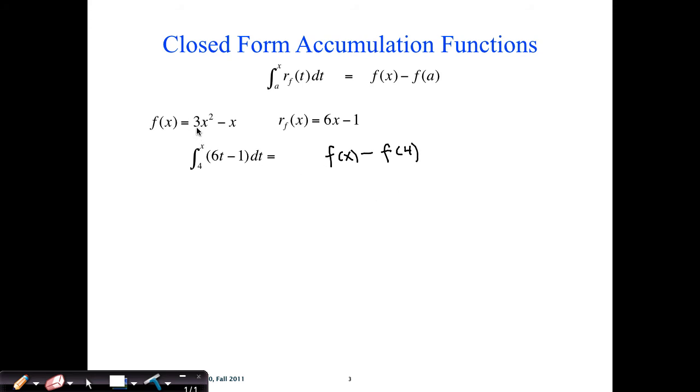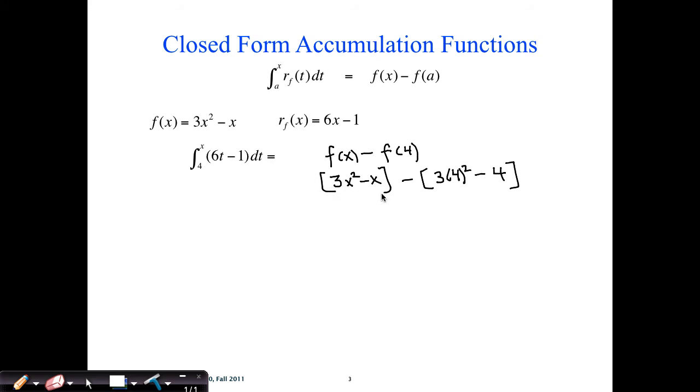So f of x is 3x squared minus x, and f of 4 would be 3 times 4 squared minus 4. So this is just some number at the end, and you don't have to do the arithmetic to calculate out what it is, but it's just 3x squared minus x, and then it'll be minus something, but whatever it is, it is.